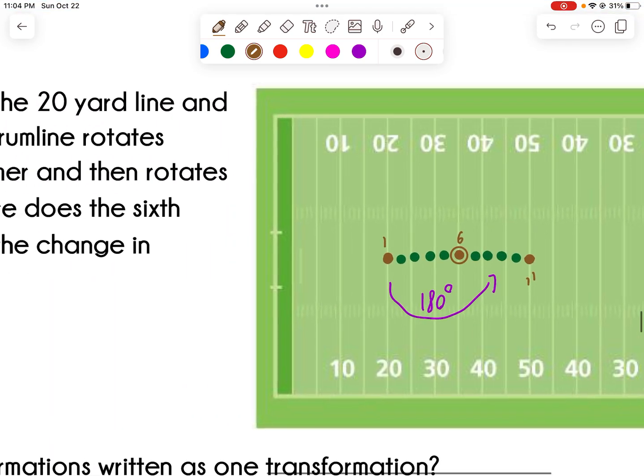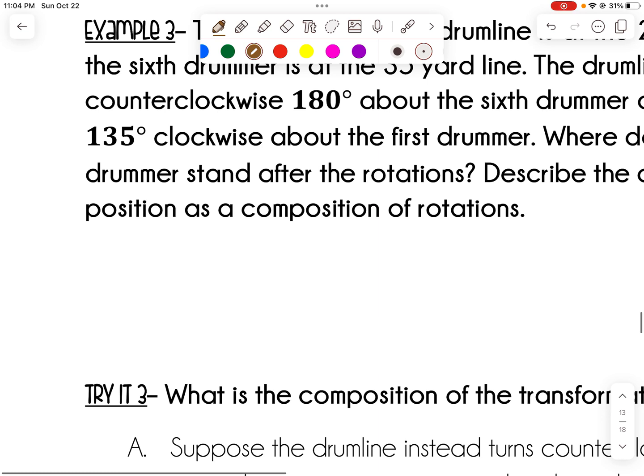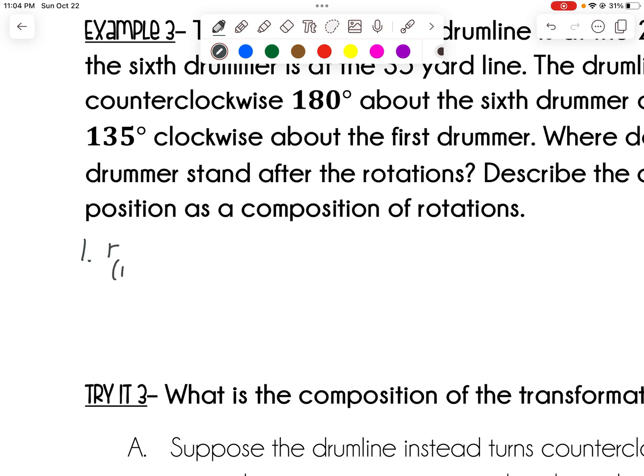Okay, so I did my first rotation. Now let me write the rule for that first rotation. Number 1, we rotated 180 degrees, and it said counterclockwise, so we keep that positive, about the 6th drummer. Now, you could write the 6th drummer, or you could write the 35-yard line.